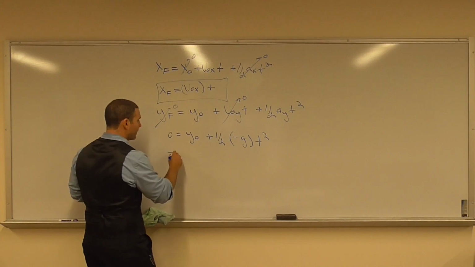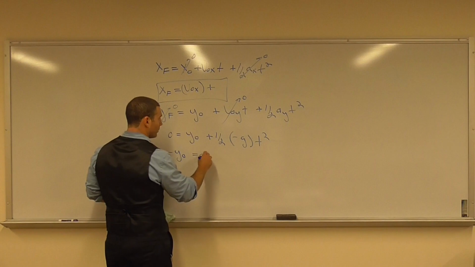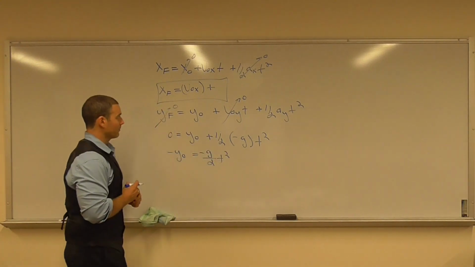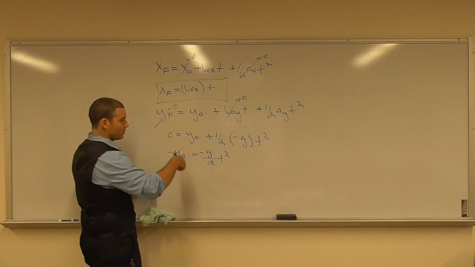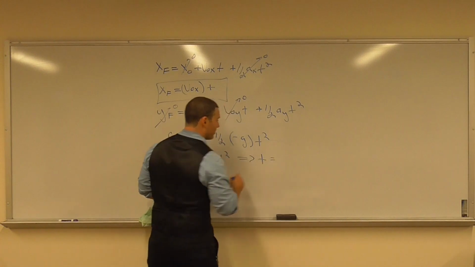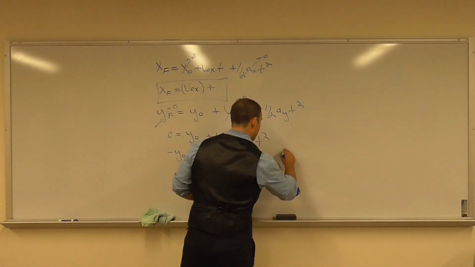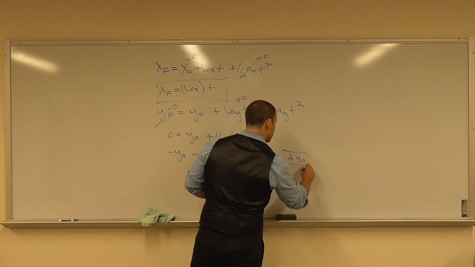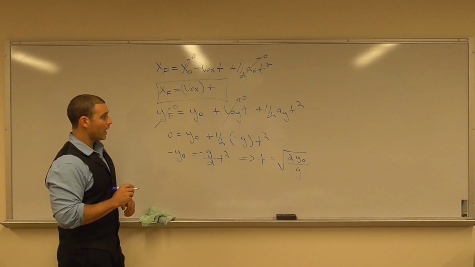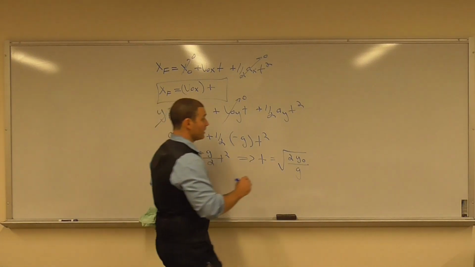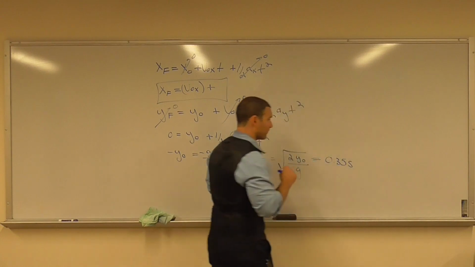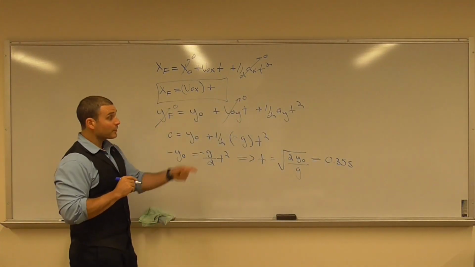I get minus y_0 is equal to minus g over 2 t squared. So I do a little math here. This implies that the time is going to be the square root of 2y_0 all over g, unless I made a mistake. I don't think I did. And so the time that we're going to find here is 0.35 seconds.